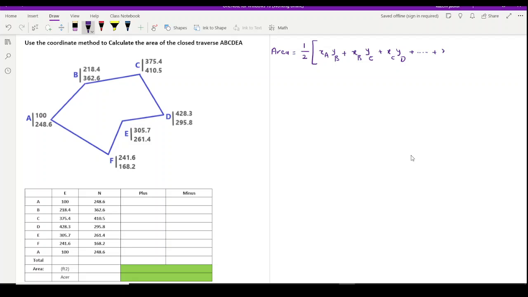The last corner is f, so xf times ya. This is our positive or plus part of the equation.